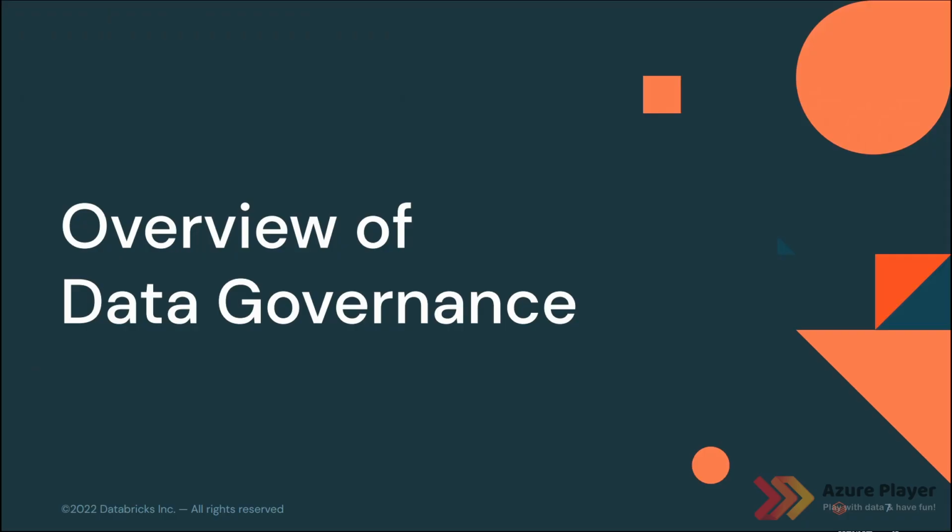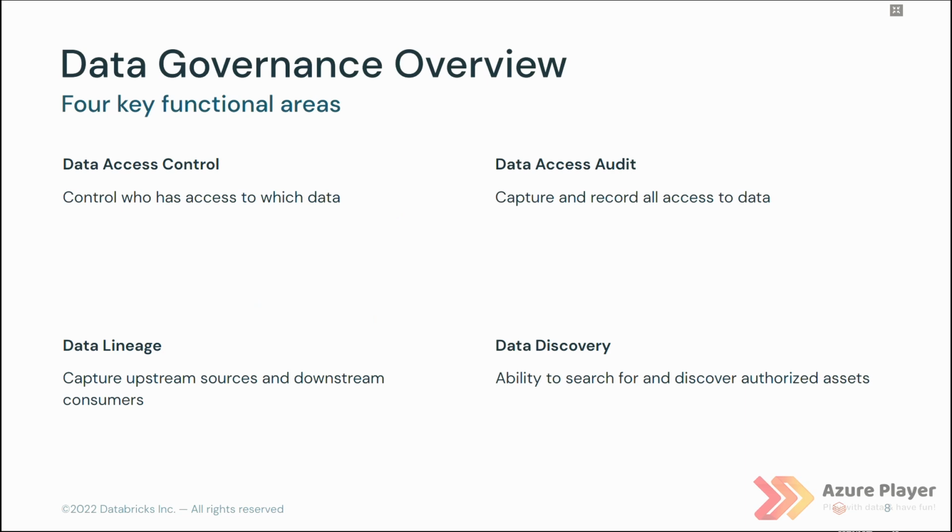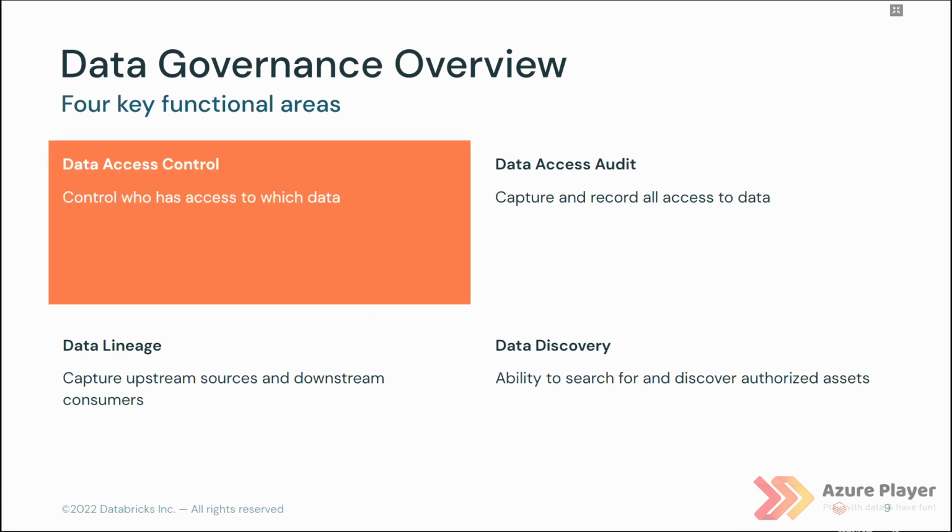And the last, fifth pillar is data governance. Data governance is about securing data, controlling the permissions, and controlling the access to the data.